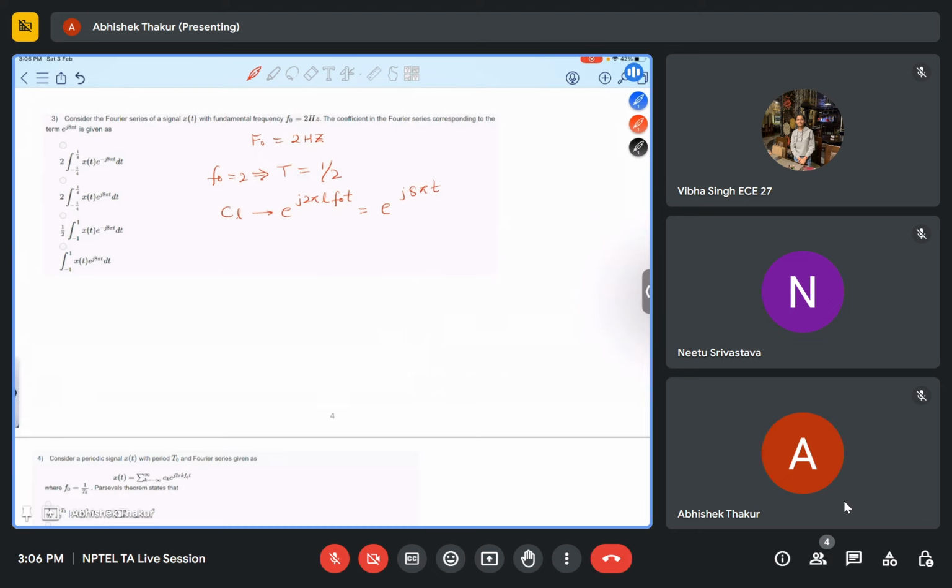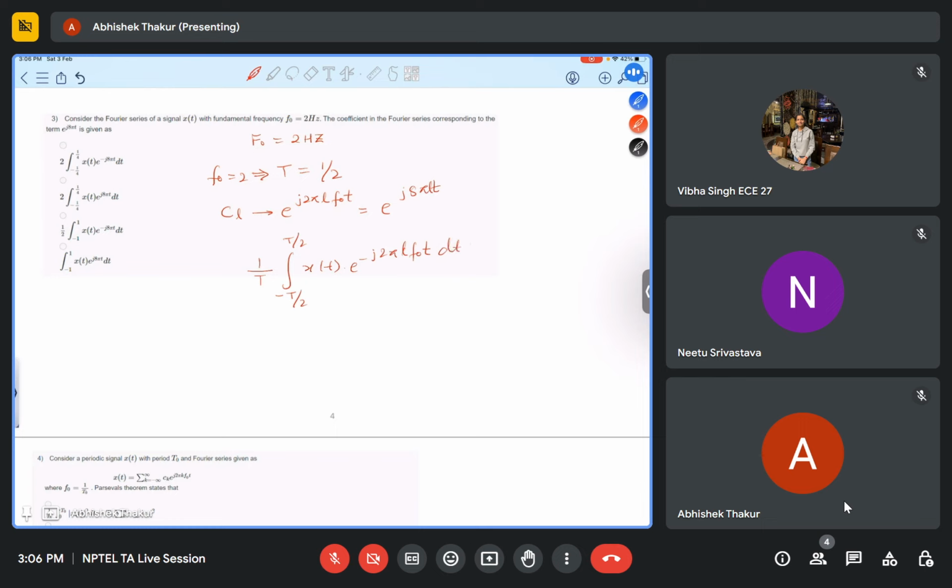So we all know the Fourier series coefficient can be written as 1 by T, integral from minus T by 2 to T by 2 of x of t into e to the power minus j 2 pi L f naught t dt, because it's the Lth coefficient.